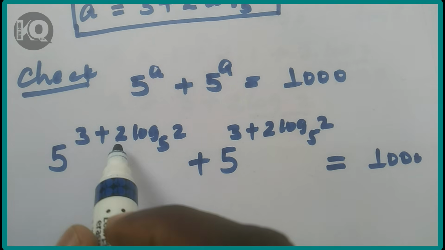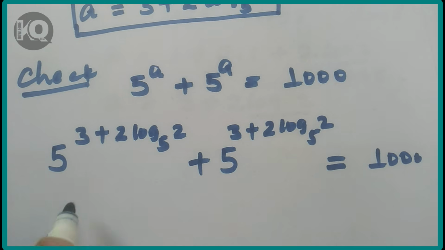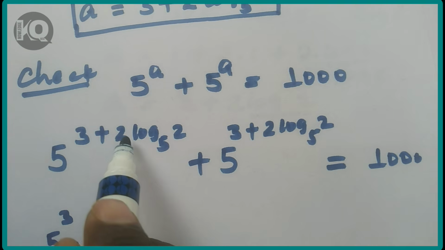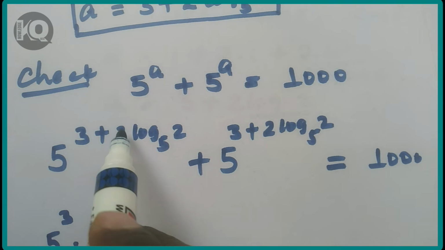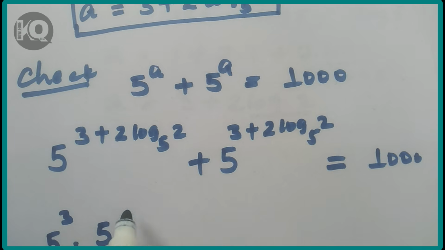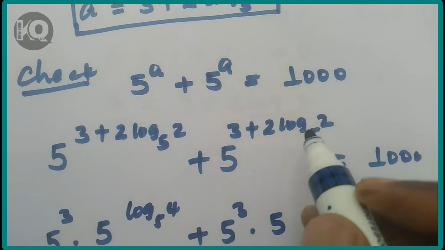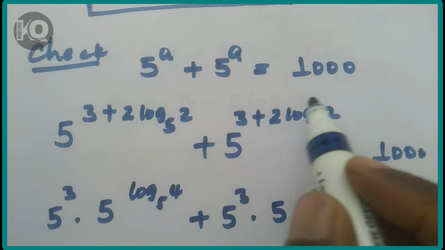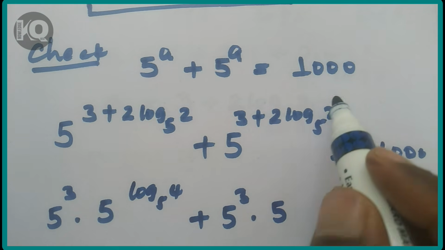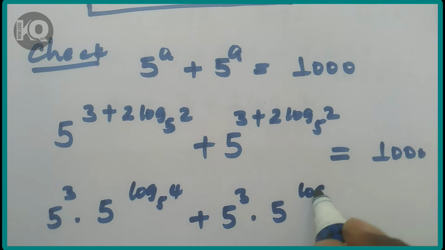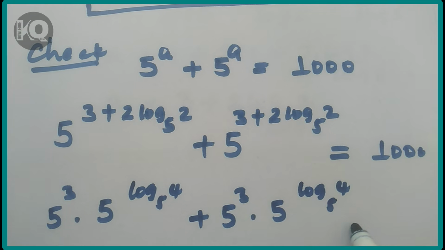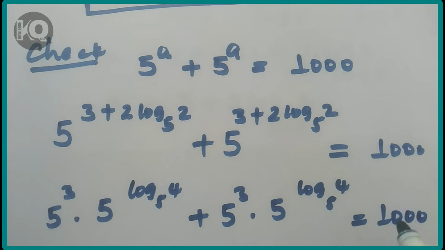So this can be written as 5 to the power of 3 times 5 to the power of, this base will go to the power, log of 2 squared, which is 4, to the base 5, plus 5 to the power of 3 times 5 to the power of log of 4 to the base 5, which is equal to 1000.